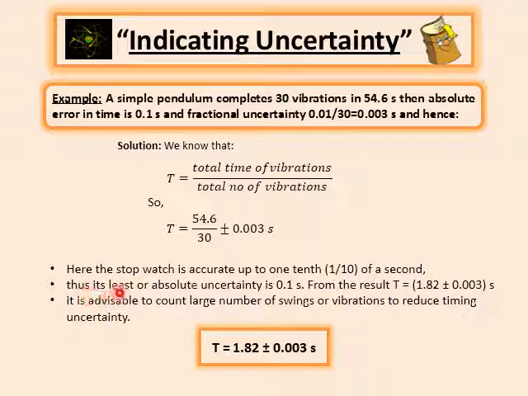Thus its least or absolute uncertainty is 0.1 seconds. Now from the result, t is equal to 1.82 plus minus 0.003 seconds. It is advisable to count a large number of swings or vibrations to reduce timing uncertainty.